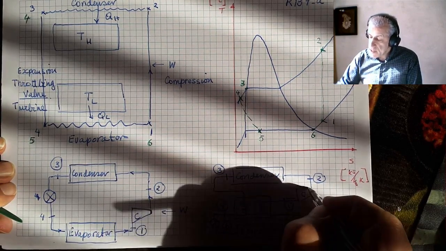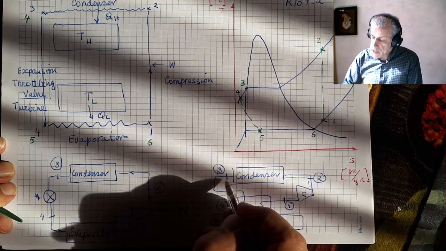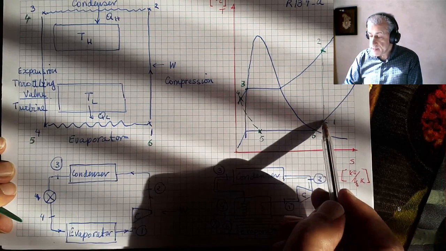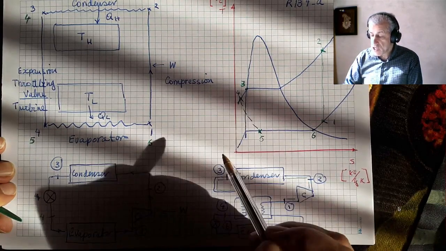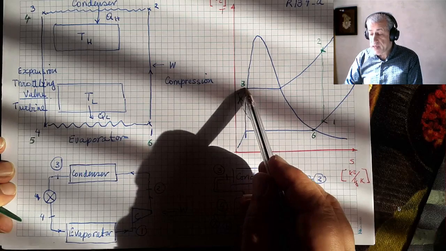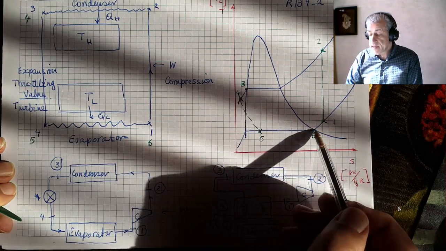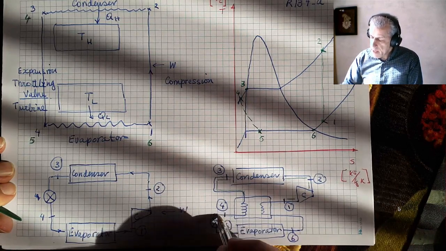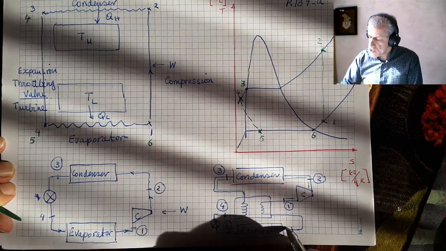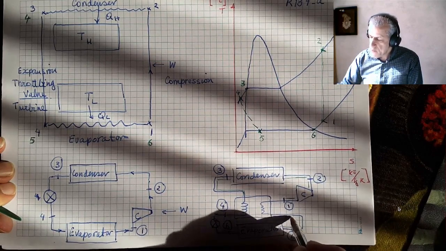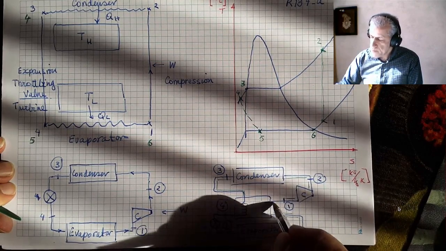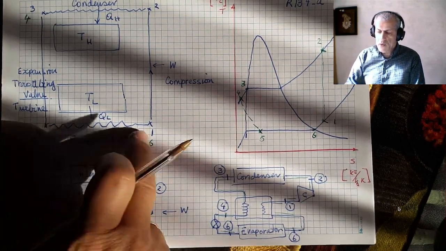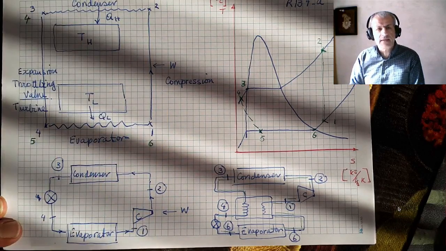I would just redraw the lines with green just to show that the green diagram includes that heat exchanger, which collects heat from the condenser exit and delivers heat to the evaporator exit, and the rest of the cycle is just as before. So this is our cycle. This is a simple cycle, just like what we had discussed here.